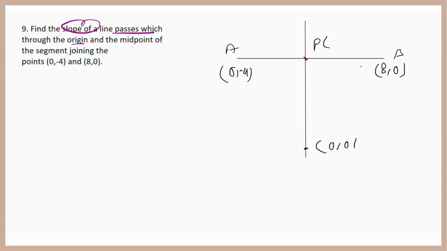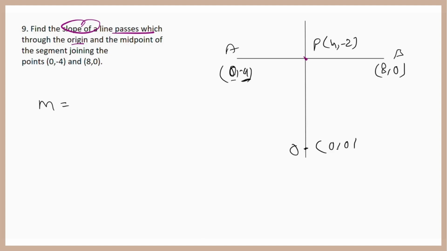So first, using the midpoint formula, we can find the coordinates of P, which is x1 plus x2 upon 2, that is 4, and y1 plus y2 upon 2, that is minus 4 plus 0 upon 2, that is minus 2. Now we have to get the slope of this line, right? We will be using the formula m is equal to y2 minus y1 over x2 minus x1.